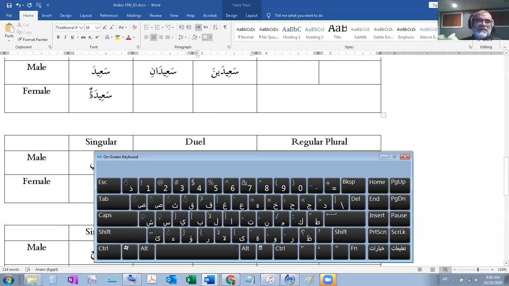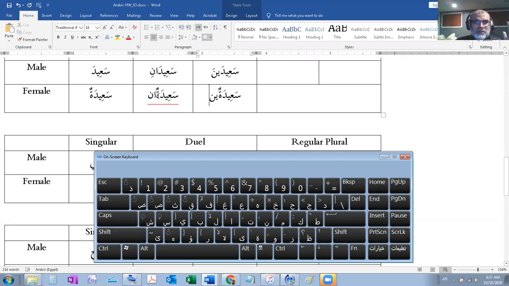Okay? How about the female? A mistake that I've noticed, some people do this and then they add alif noon, and they do this and add ya noon. Ta marbuta cannot exist except at the end. There is nothing called ta marbuta in the middle. I've marked students down for this, many of them.